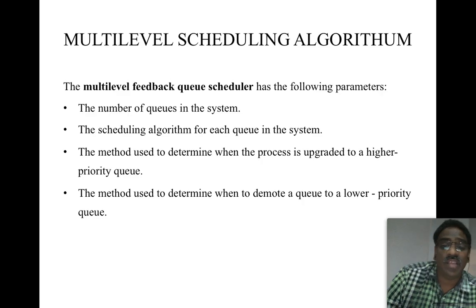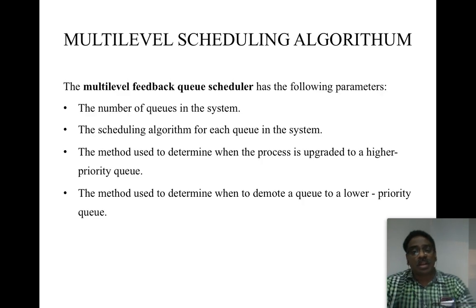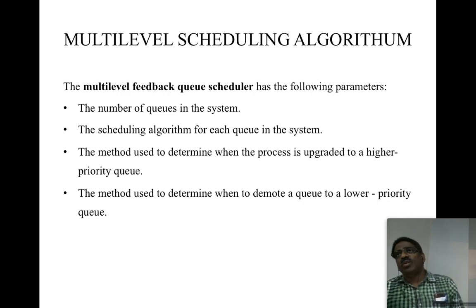And the next one is determining the lower priority queue. How to determine the lower priority queue? Whenever processing time or burst time is very low, it is given the lower priority.